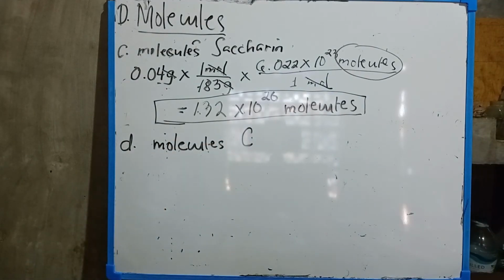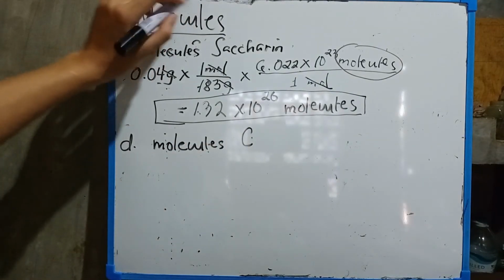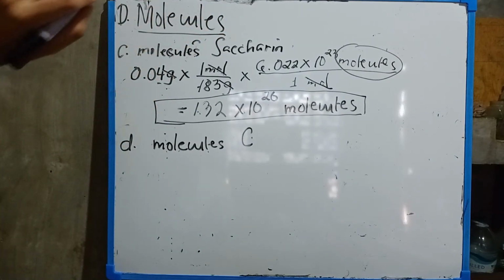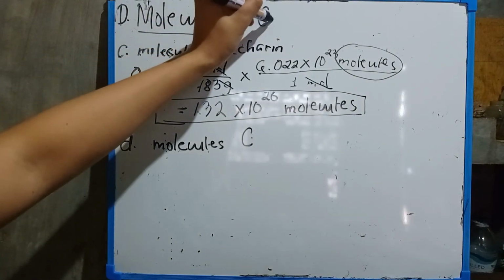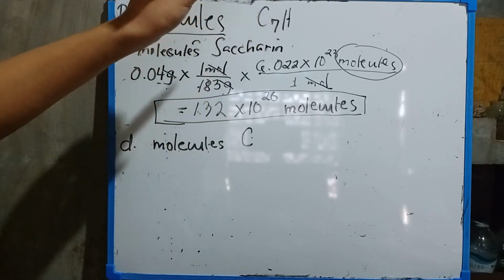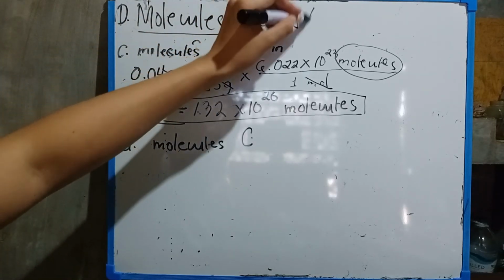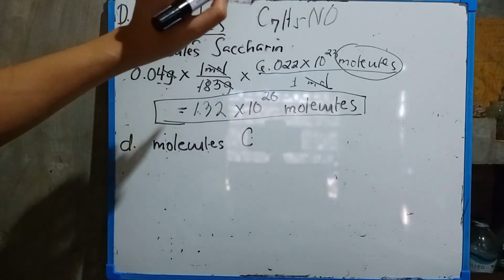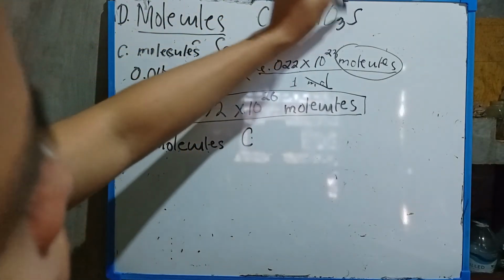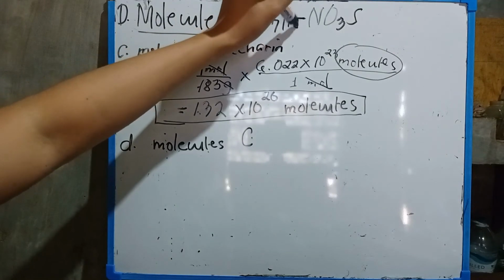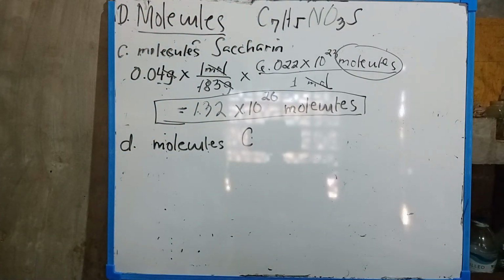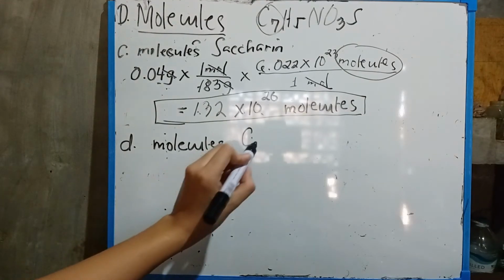As we all know, saccharin has a chemical formula of C7H5NO3S. So that is the formula of saccharin. Our carbon has 7 atoms. By using the molecules of our compound, we can now solve for our molecules of carbon.